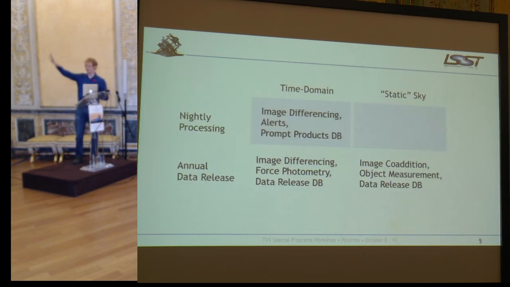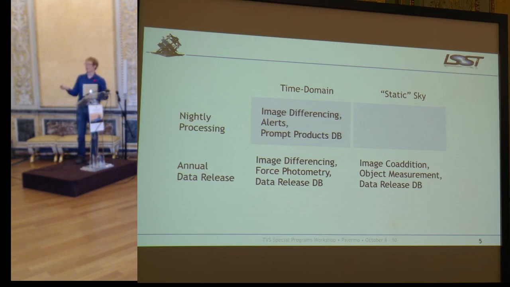You can see that these are somewhat orthogonal concepts: time domain versus quasi-static science cases, and nightly versus annual processing. We don't do any nightly processing that would be useful to the static sky. We just measure enough of the sources in order to do astrometry and photometric calibration, but then we immediately go into difference imaging.